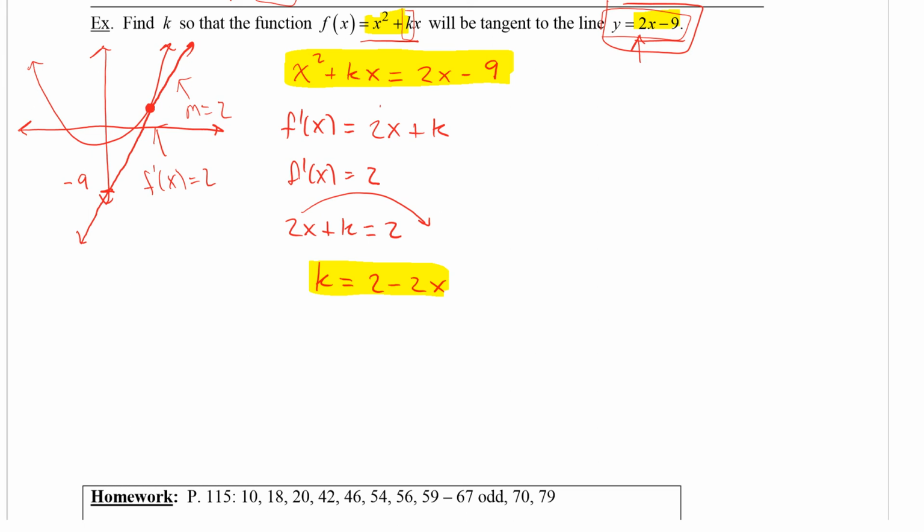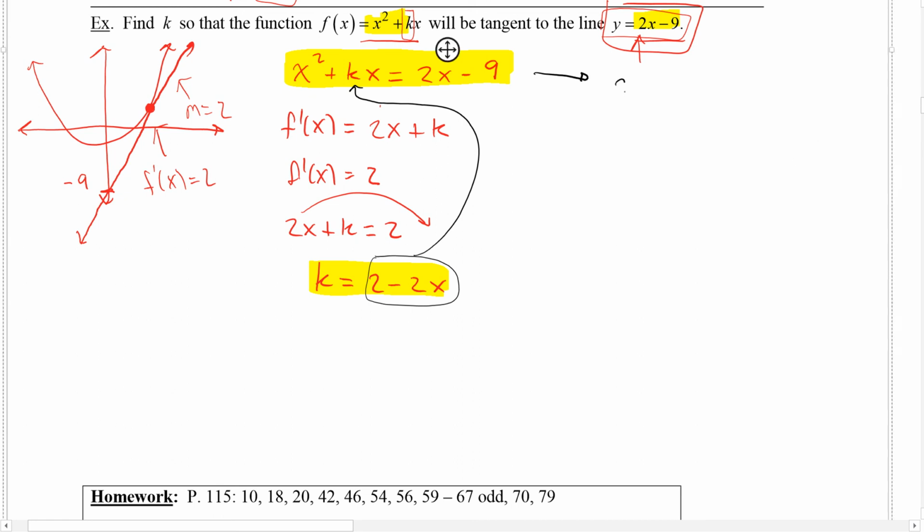And now if I want to solve for x, here's what I need to do. Since this is k, I'm going to bring it up here. So x squared plus 2 minus 2x, times x, is equal to 2x minus 9.